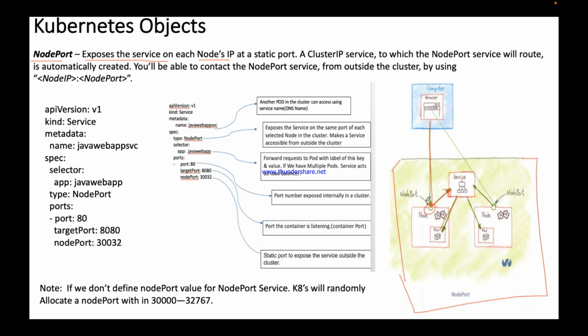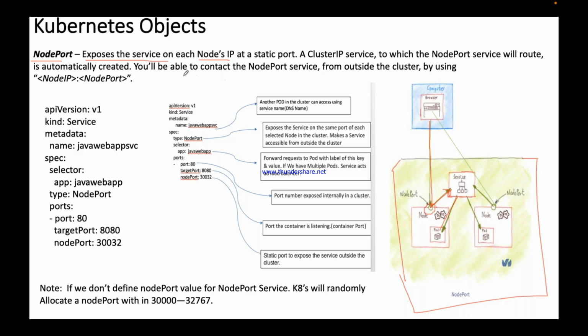From outside, the request goes to the server on that node port. Then it will forward the traffic to that service, cluster IP, again within the cluster. Then pod. So we need to create a service of type node port.